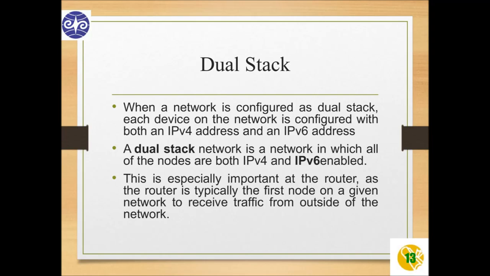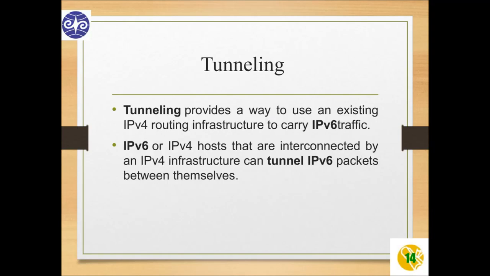So router is a switching device which is used to receive packets from the sender or from the previous router. So dual stack must be enabled on routers so that the router will be able to receive IPv4 address packets as well as IPv6 address packets.